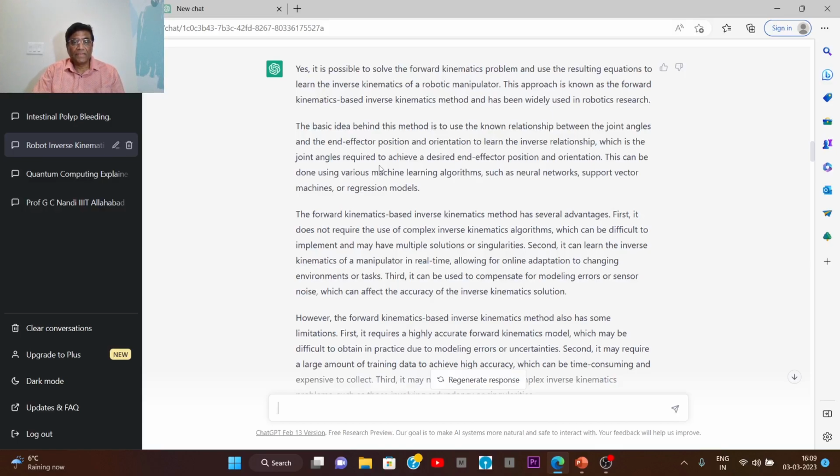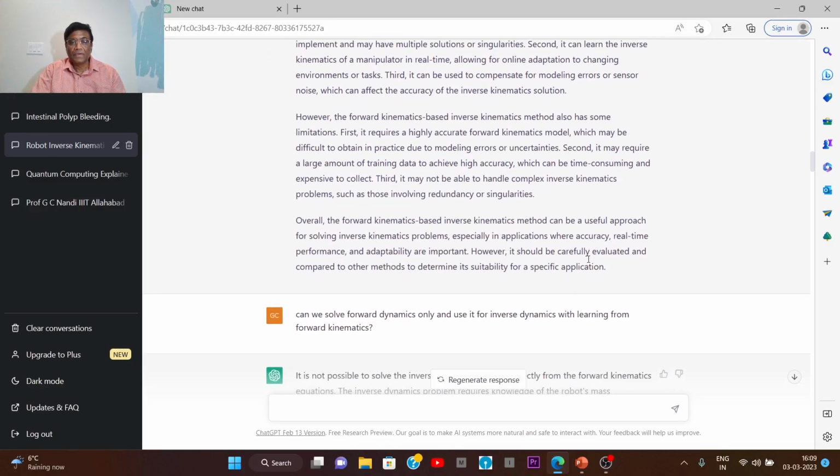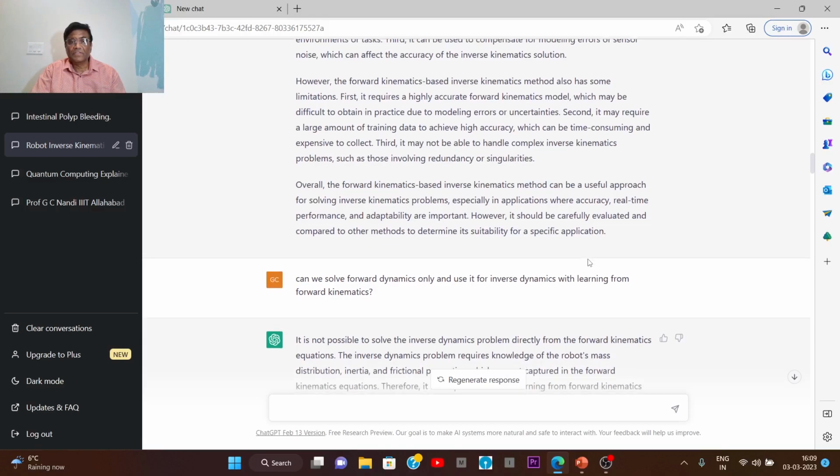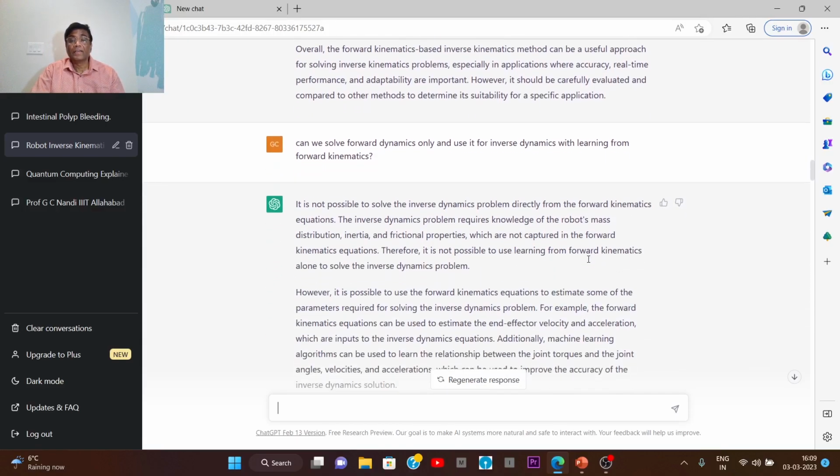So it is an active area of research, and it is saying that if I generate data using the linear model, that data I can use for developing a machine learning based algorithm, support vector machine, or some other algorithm, and it can actually solve.